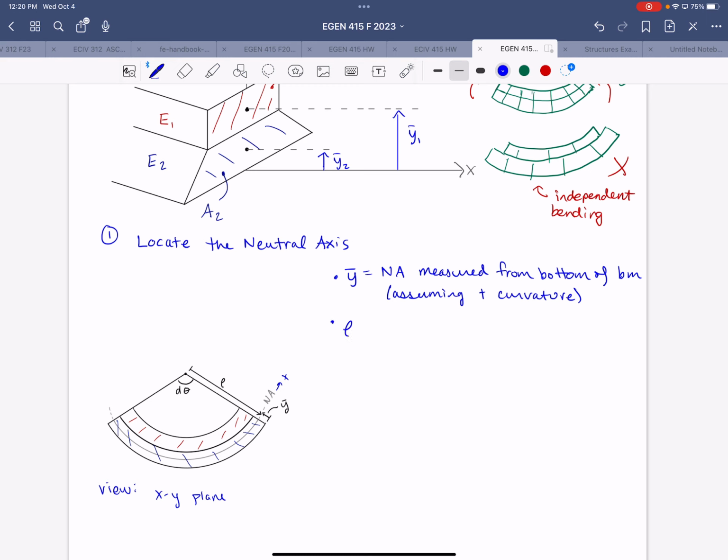Rho is the radius of curvature measured to the neutral axis.